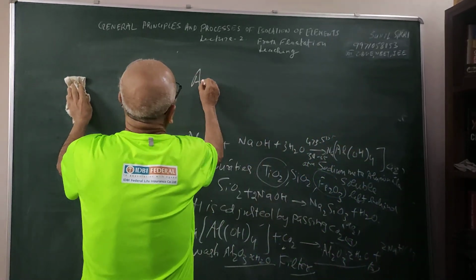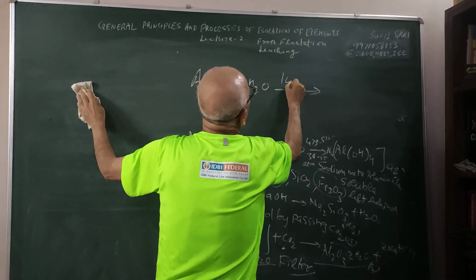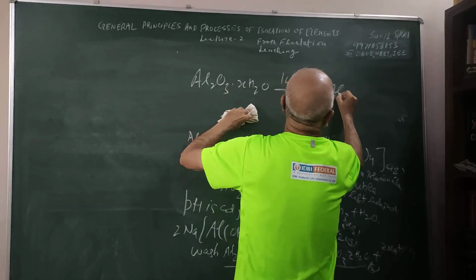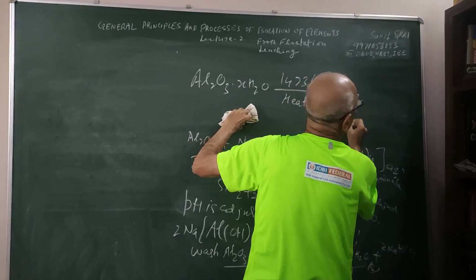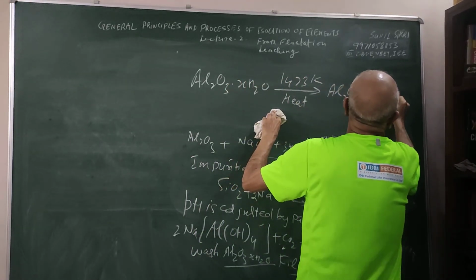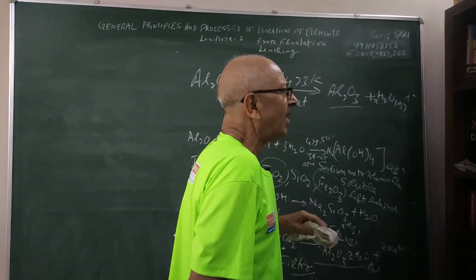You will get Al2O3, the xH2O goes off, and so you get concentrated alumina.